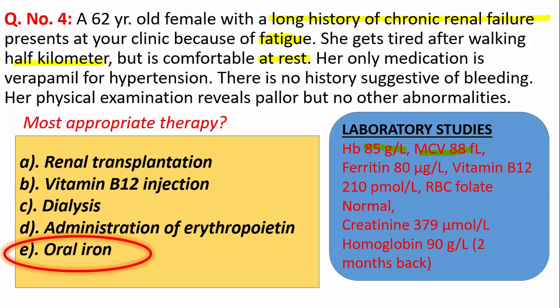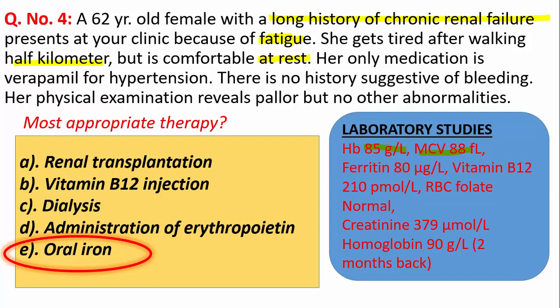Indications for renal replacement therapy, which we have already discussed, are severe metabolic acidosis, hyperkalemia, pericarditis, encephalopathy, intractable volume overload, failure to thrive and malnutrition, peripheral neuropathy, intractable gastrointestinal symptoms, or a GFR of 5 to 9 ml per minute per 1.73 meters squared.